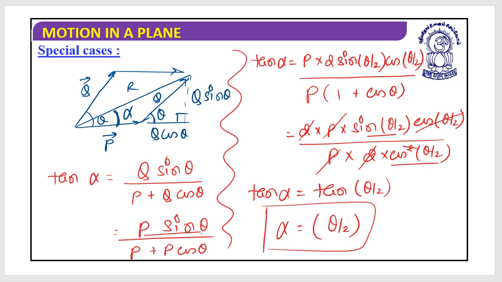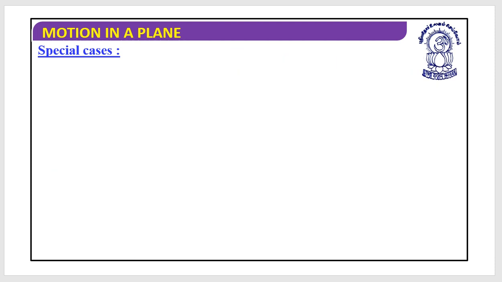Yes. So let's summarize the special case because this is going to be used in a very nice manner. Let's say these two vectors are there. This is vector A, this is vector B, and they are having an angle theta.